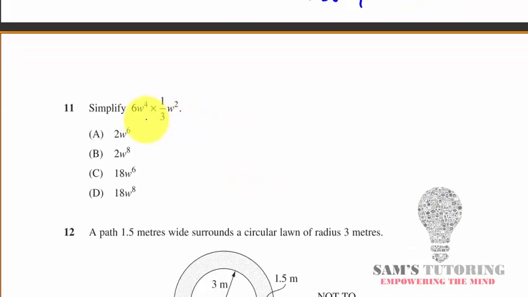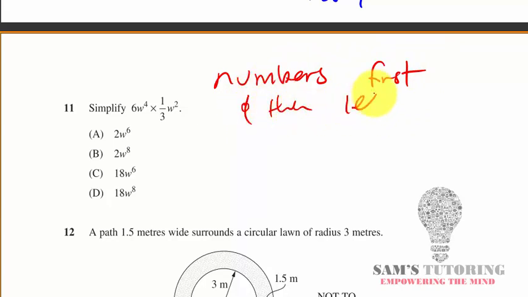Simplify. Whenever you're doing these ones, the best way is to do numbers first, and then the letters. So, what's 6 times a third? That's 2. W to the 4 times W squared will become W to the 6.